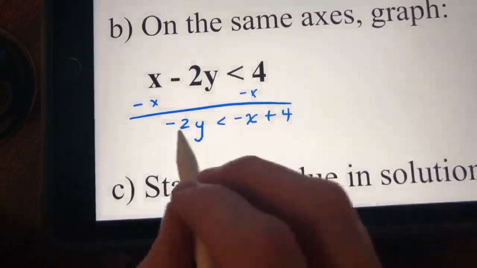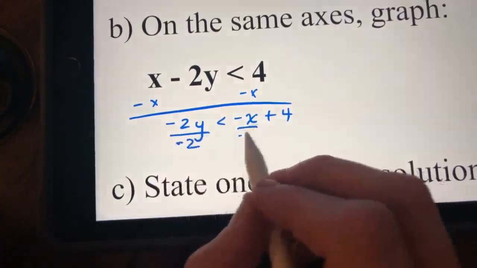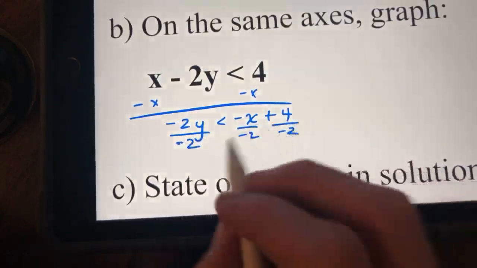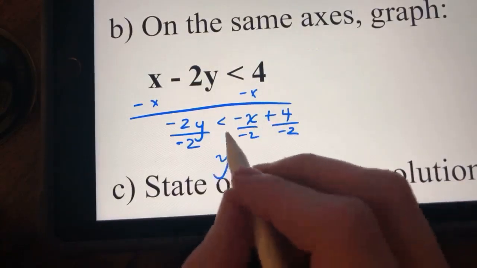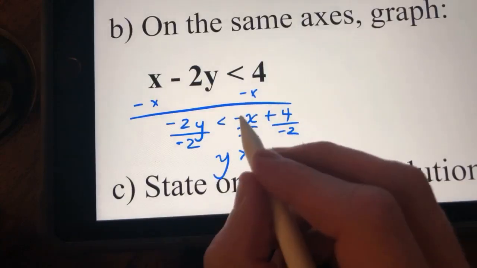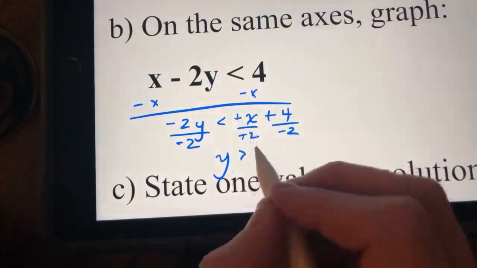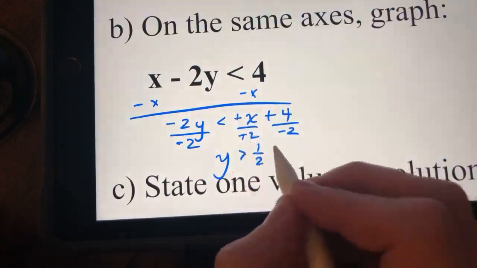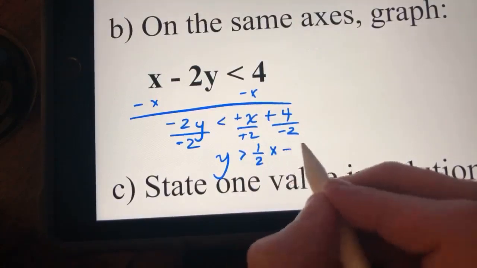And now I'm going to divide both sides by negative 2. When I'm dividing by a negative, don't forget what happens to the sign. Since it's less than, it now becomes greater than. Our negative signs cancel. x over 2 is the same as 1/2 x. I like the fraction form. And 4 divided by negative 2 is negative 2.